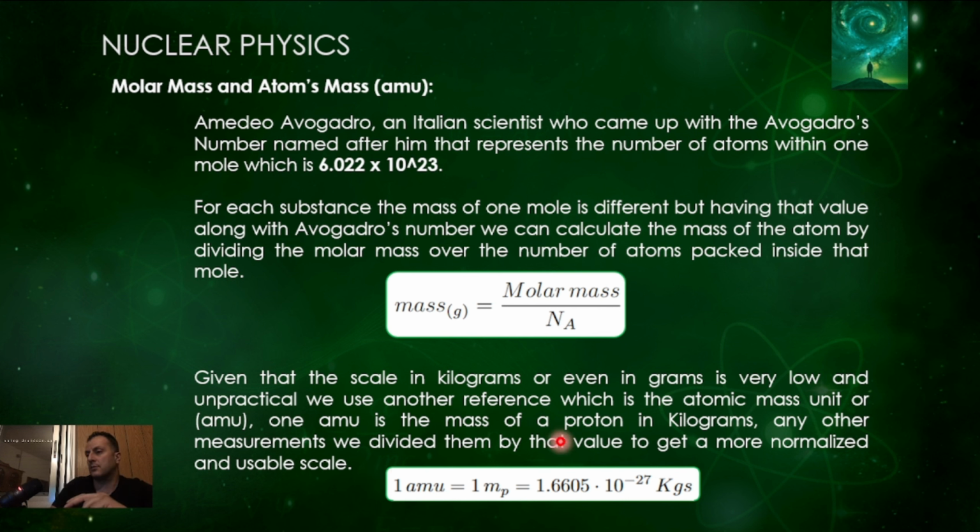The same concept is used in nuclear physics. Why? Because you have a very small scale, with tiny numbers. That's why we need to measure them in reference to the mass of a proton to get more normalized, more practical numbers.